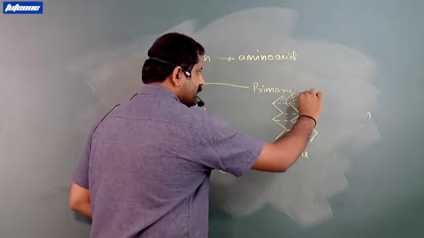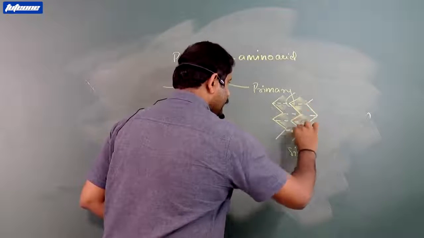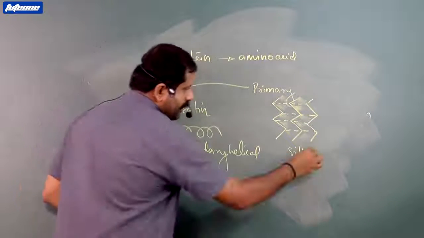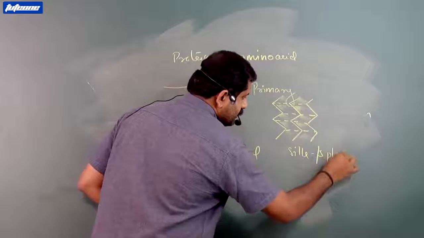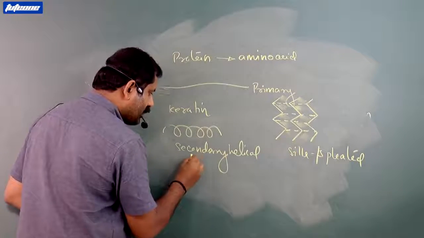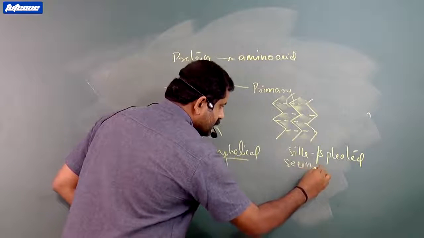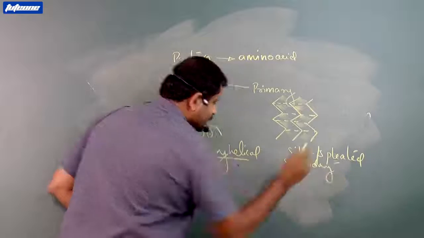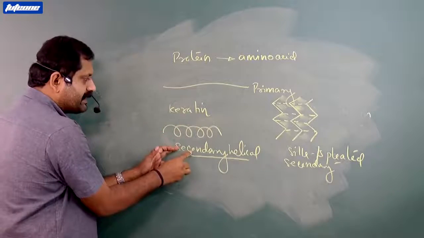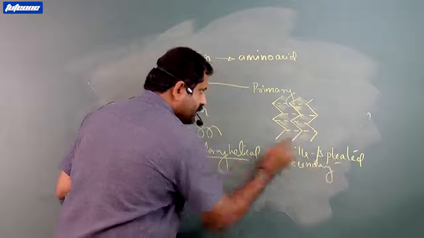Now it resembles a three-dimensional figure like this. It is called beta pleated. So in silk, it is also the same secondary structure, but the name is secondary beta pleated. In keratin, it is called a secondary helical. In silk, it is called a secondary beta pleated.